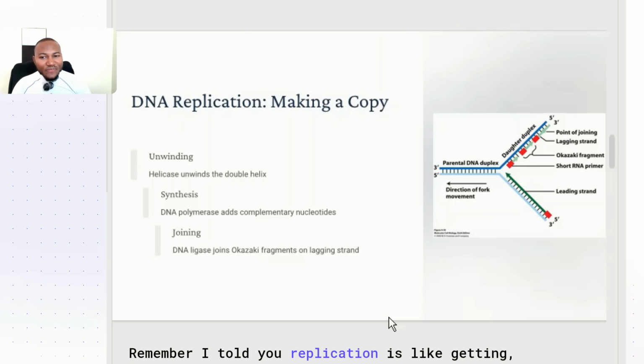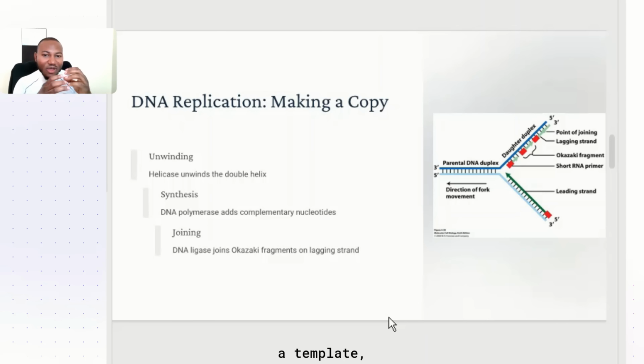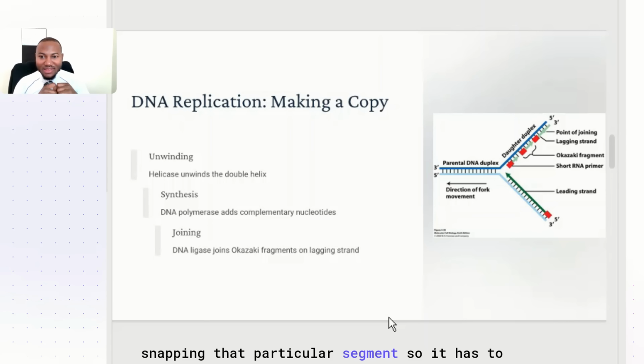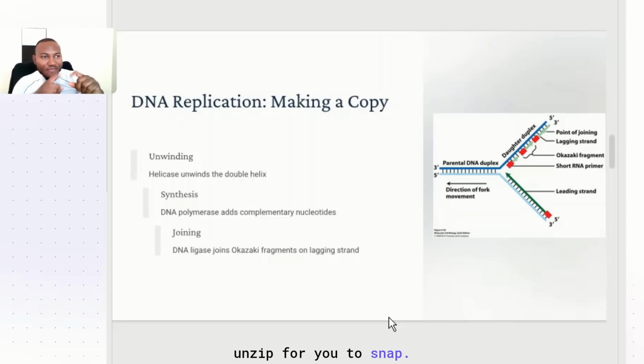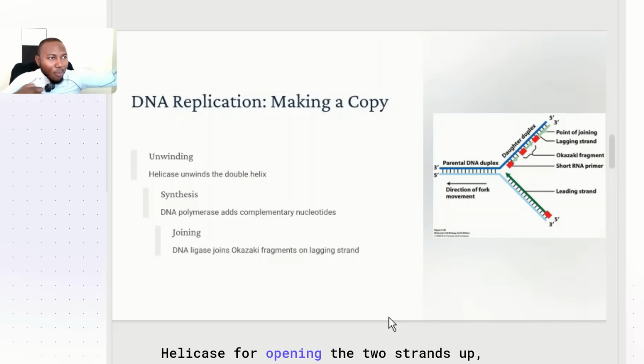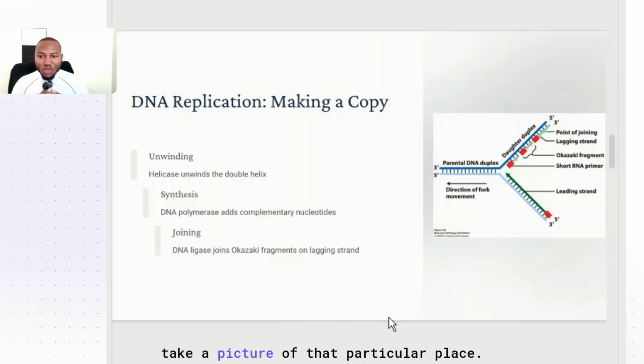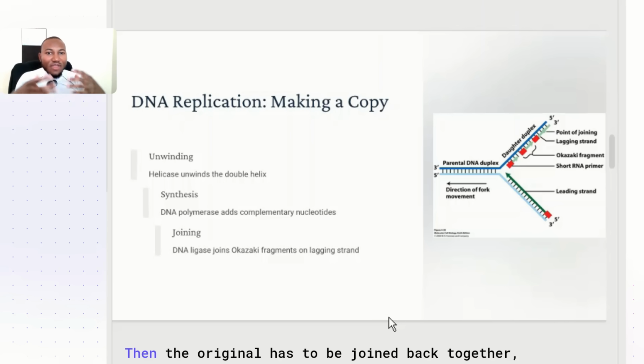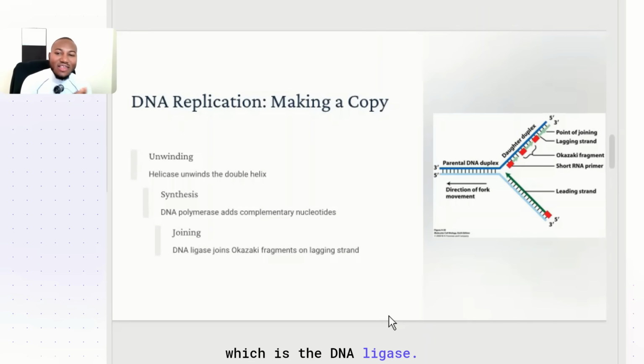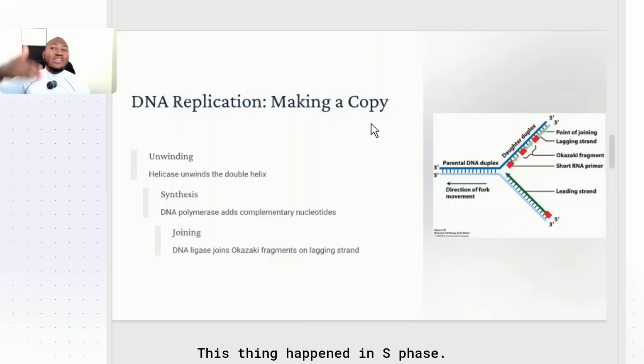Remember I told you replication is like getting a template and snapping that particular segment. So it has to unzip for you to snap. It's as simple as that. So 3 important enzymes: helicase for opening the 2 strands up, the DNA polymerase, which helps to take a picture of that particular place where we want to create the complementary strand, then the original has to be joined back together, back to normal, which is the DNA ligase. Remember that. Extremely important. Now that is S phase.